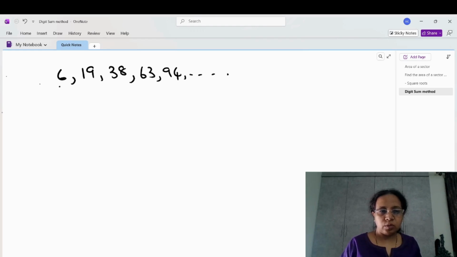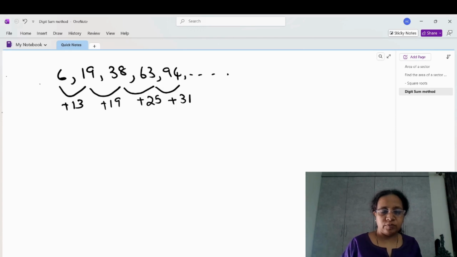Here the difference between two successive terms 6 and 19 is 13. This is 19 and 38, 25. This is 38 and 63, 25, and 63 and 94 is 31. These are the differences between the terms. So this is our first difference.